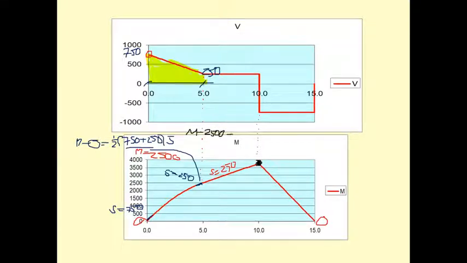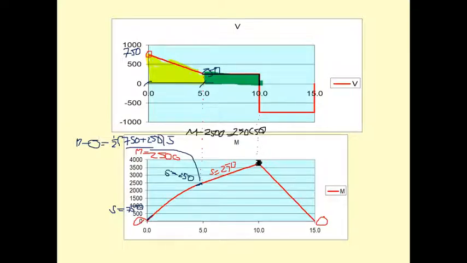And then it's going to be equal to the area that we have. This area is the green area here, and that is going to be 250 times 5, which is 1,250.